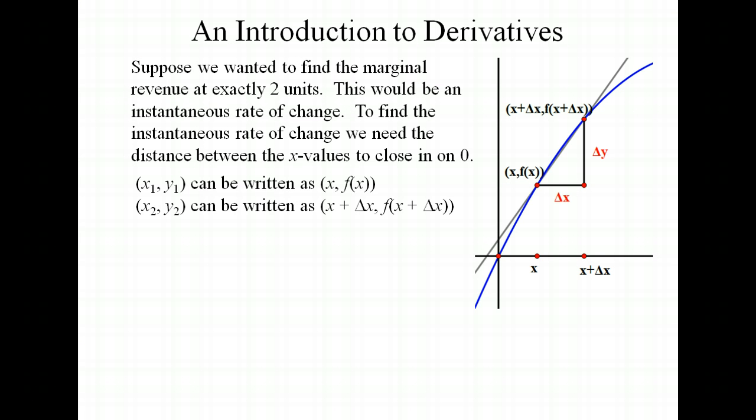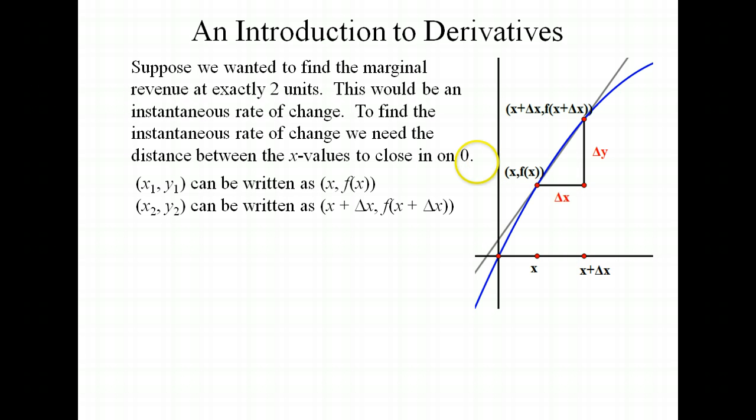Okay, so normally we use x1, y1, and x2, y2 for our 2 ordered pairs. But what we want to do here is express the x1 as x and the x2 as x plus this small amount, which is delta x. So this delta x is what we want to approach 0. So we're going to do a limit formula to help us do that.